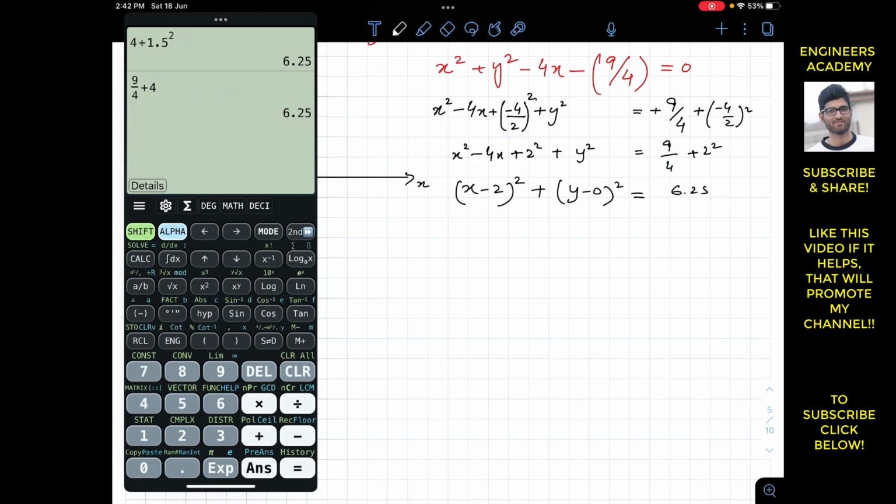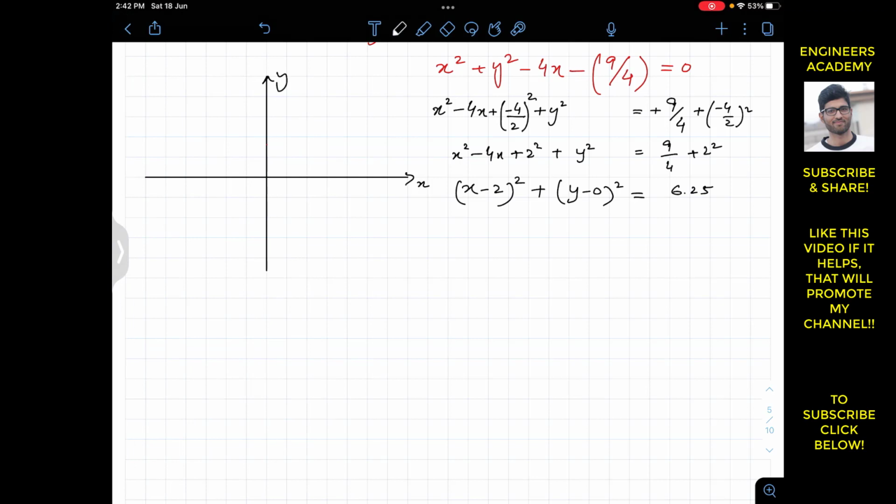So this is 6.25. Now again, if we compare it with the standard equation, which is x minus h square plus y minus k square equals a square, here it equals 6.25.